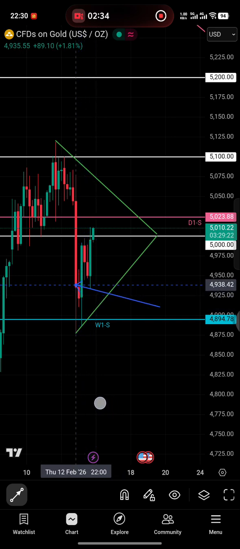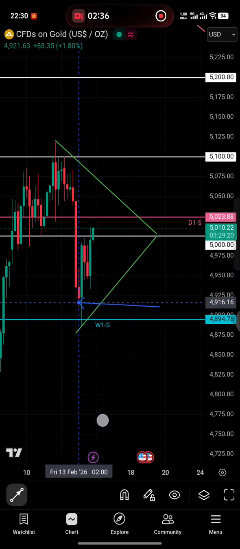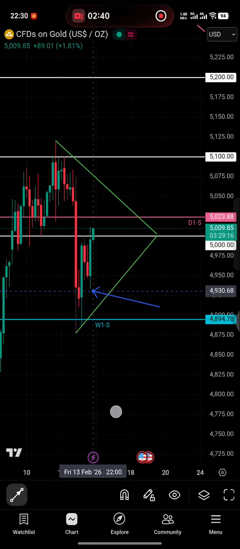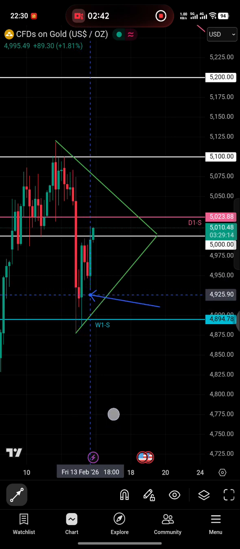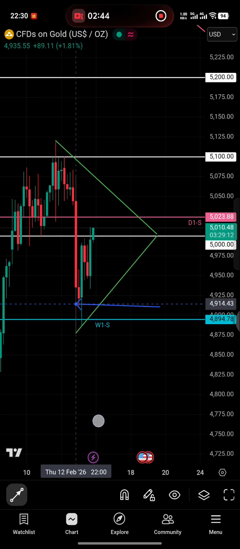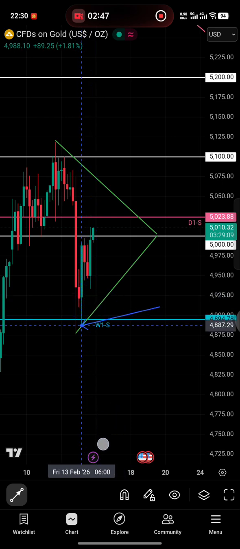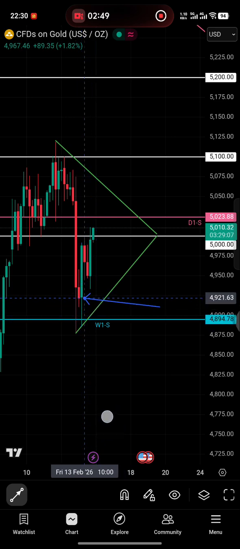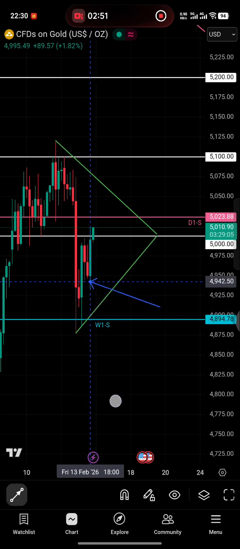And the next candle went all the way up and then all the way down, creating both a bottom and a top wick before closing as a red candle. And the next candle went all the way down, right? All the way down to touch weekly support once more before pulling back and then creating a reversal over here.